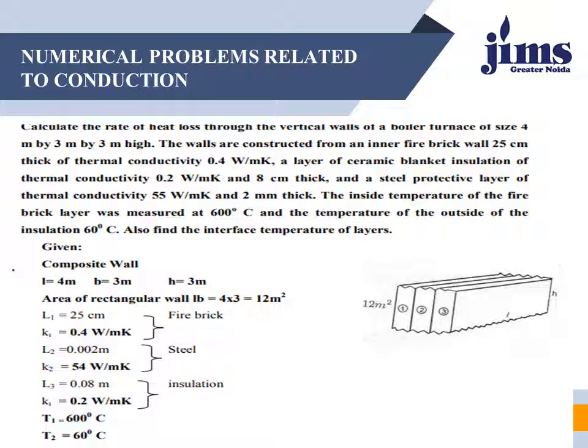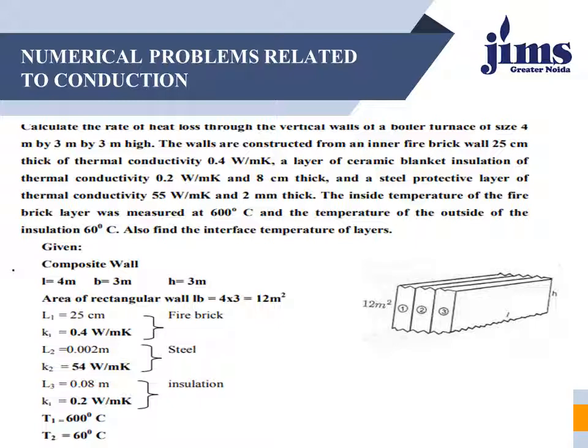This is a special case of a series connection wall, in which the area of each wall remains the same, equal to 12 meter square. In case of fire brick, the thickness is given as 25 centimeter, and the conductivity is 0.4 watt per meter Kelvin.